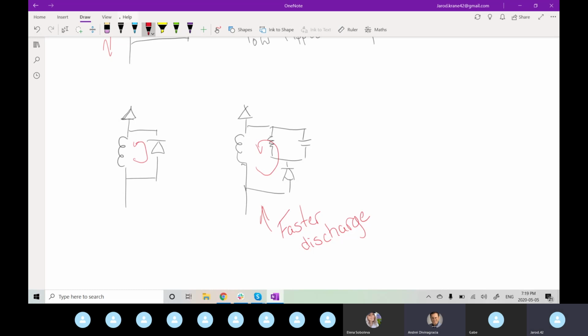Why is it faster discharging? It's because the cap also de-energizes. Yeah, something about the cap then pushes the current into the thing and does make it faster. I don't know. Just pretending. I'm just thinking about electrons at this point. Again, in most cases that you'll actually consider or use this in, this is enough.